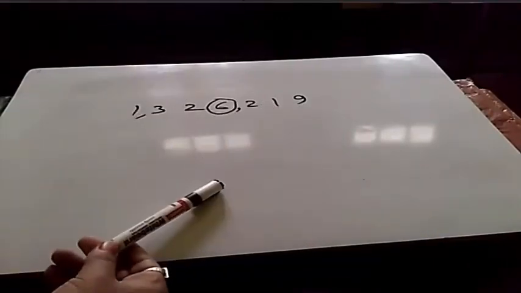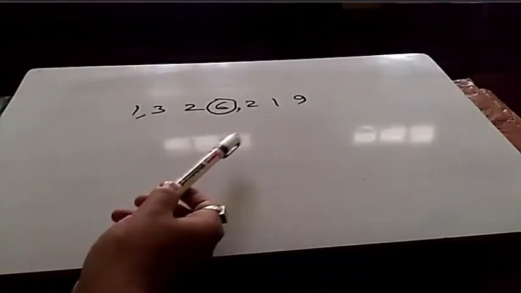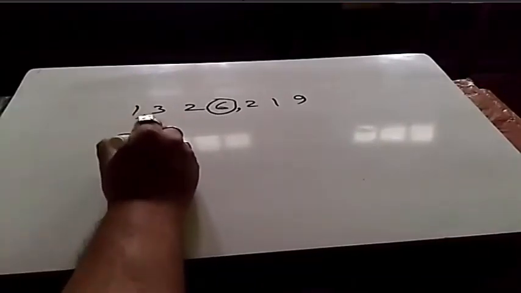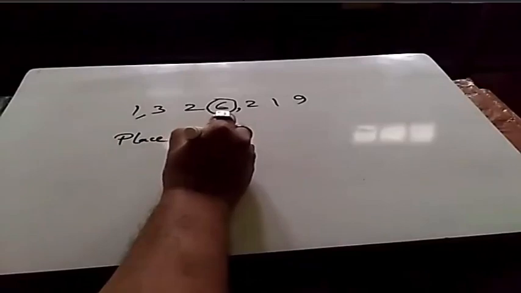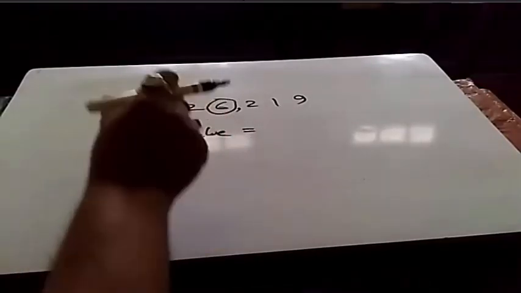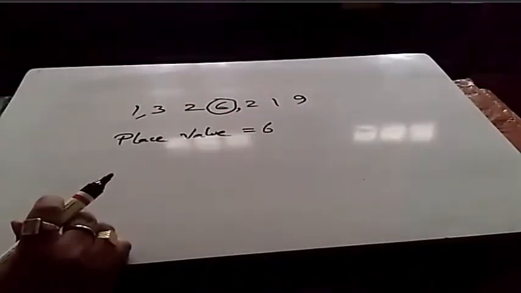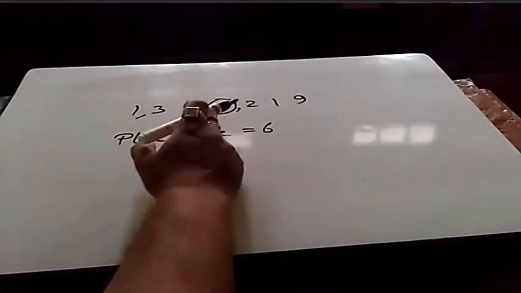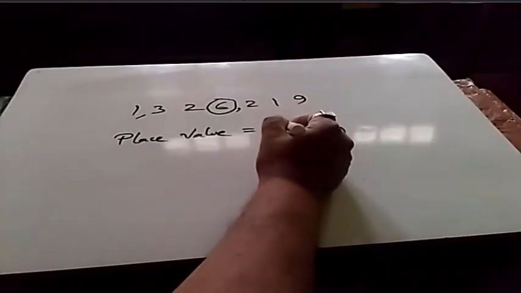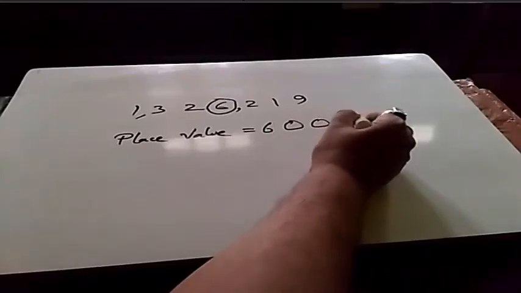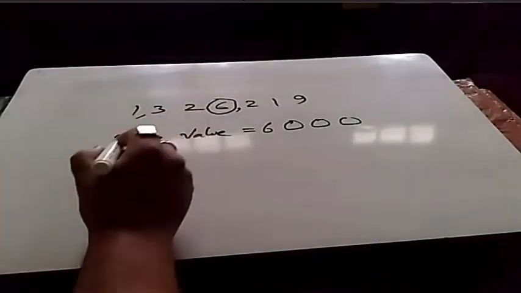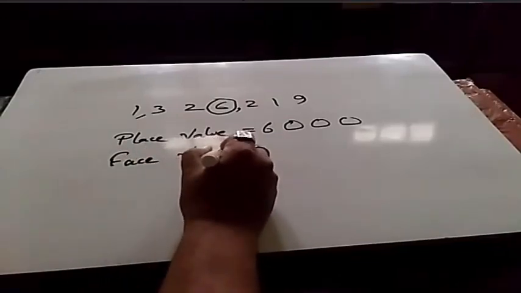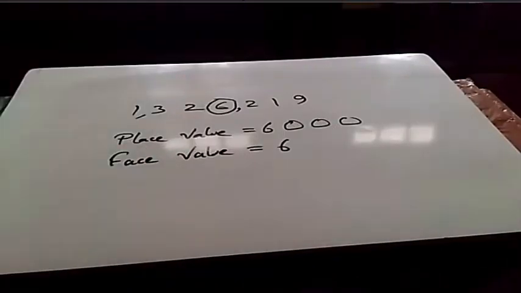It is in the international system. Now, the place value will be the number, and as many digits as there are after the number, that many zeros you will put behind it. And the face value is 6 itself.